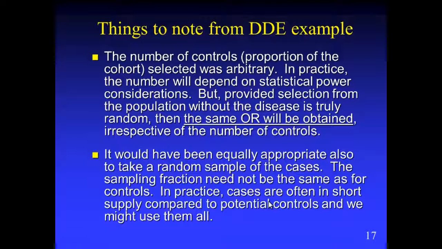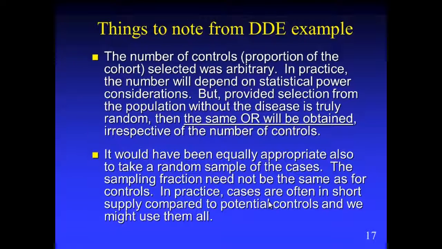So I could have taken half the number of cases as controls, and I would have ended up with exactly the same odds ratio. It might have had some impact on the confidence interval, but we haven't really discussed confidence intervals yet. If you took a smaller number of controls, it might make the confidence interval wider, and a larger number will make it narrower, which is a good thing, but we'll leave that till we talk about confidence intervals.